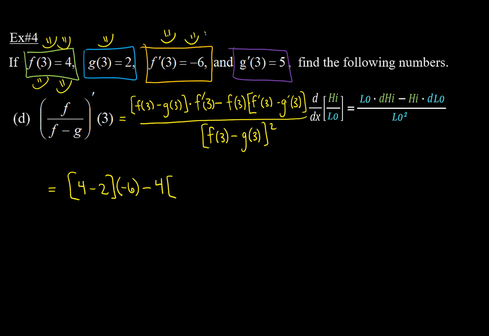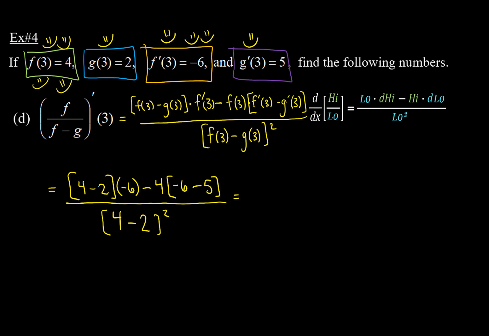And then f prime of 3, which is the -6, I'm going to subtract from that the g prime of 3, which is 5. And then I'm done with that top portion. And then in the bottom, I'm going to take f of 3, which is 4, and I'm going to subtract from that g of 3, which is 2. And then I'm going to square it.